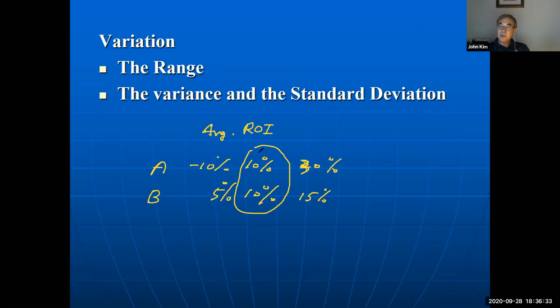If the economic condition is not good, the ROI of stock A is negative 10%, but in good conditions the maximum ROI is 30%.